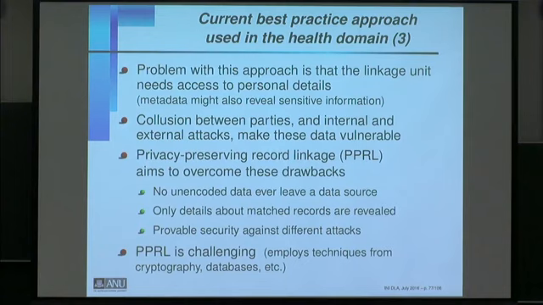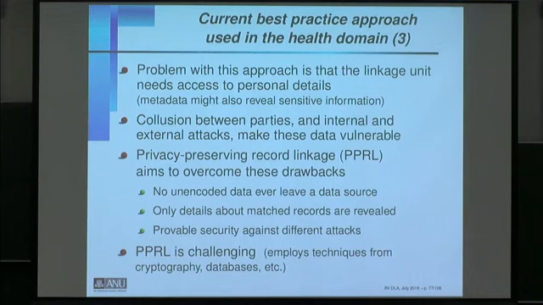So the problem is that the linkage unit still gets all the identifying information. Even though they don't get the payload data, even knowing where the data is coming from reveals some information. If a table is from a mental health database, then everybody in that database is somehow connected to mental health issues.